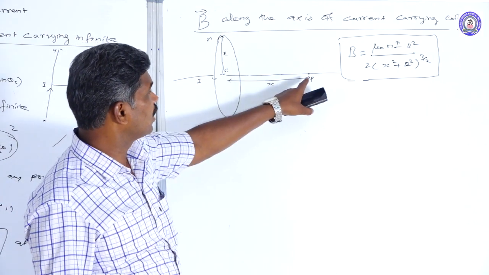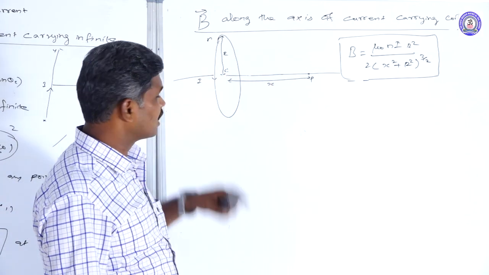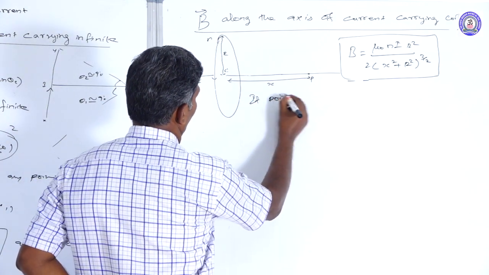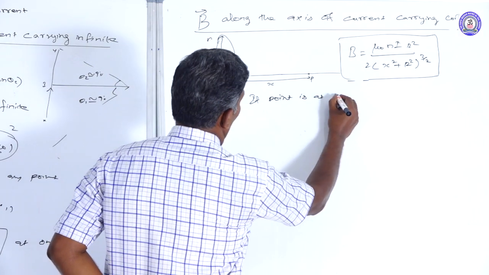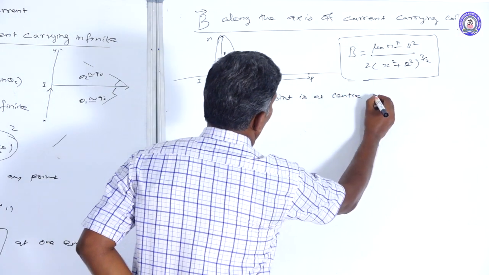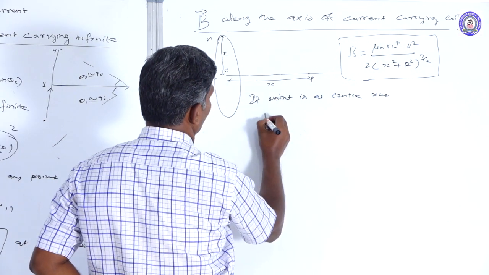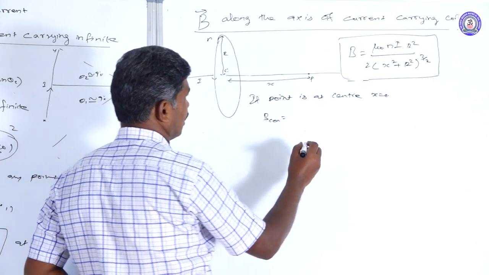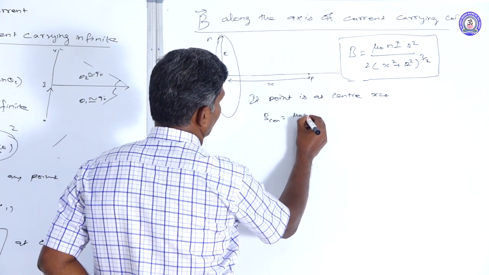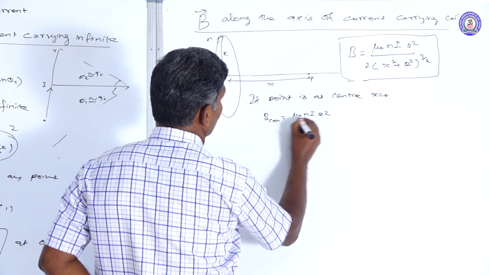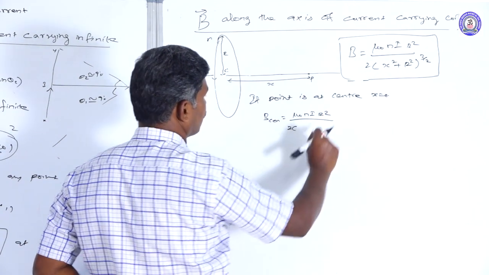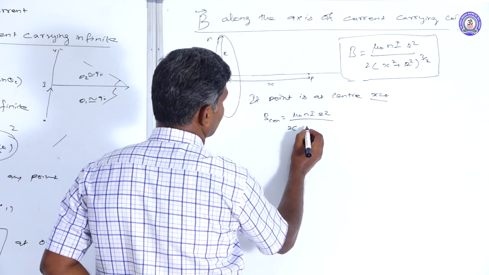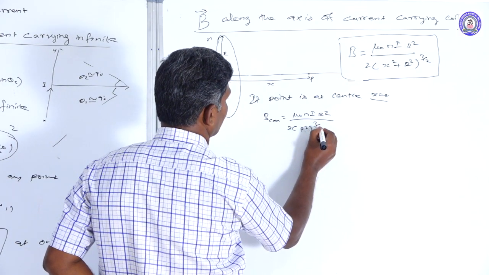Suppose this point is at the center itself. If the point is at the center, x is equal to 0. Then the magnetic induction at the center of the circular coil is mu naught N I r square divided by 2 into, instead of x, we substitute 0, so it becomes r square power 3 by 2.